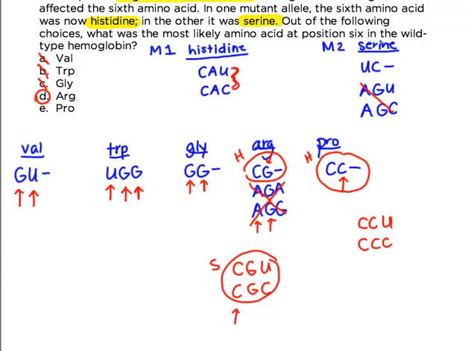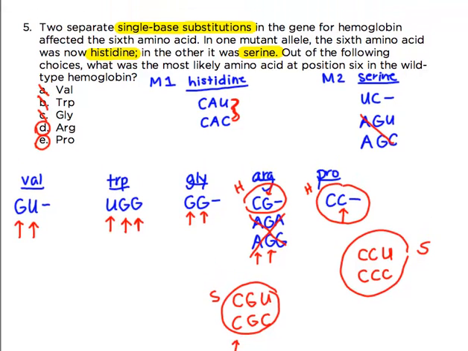So these would be out for proline. However, for the UC dash serine, that could definitely work because that middle C can stay the same. The dash can be either U or C, and only the U would have to be changed from a C. So this is also a possibility for serine. So even though it asks for one answer, there's actually 2 answers within these multiple choices. So either arginine or proline were likely to be the amino acid in the wild type hemoglobin at position 6.